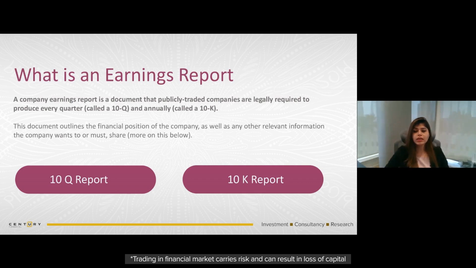Now, ultimately, see, when you invest in a particular stock, you are basically entitled to receive a report on how the company has been doing quarter on quarter or year over year. It's basically nothing but a report card. An earnings report is just that.